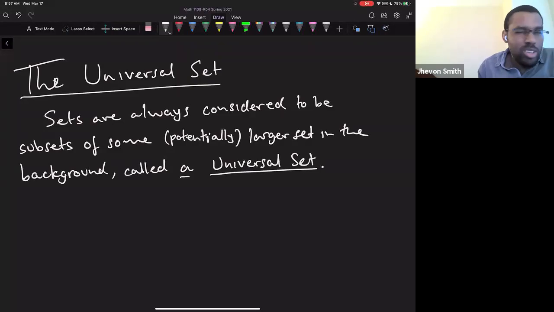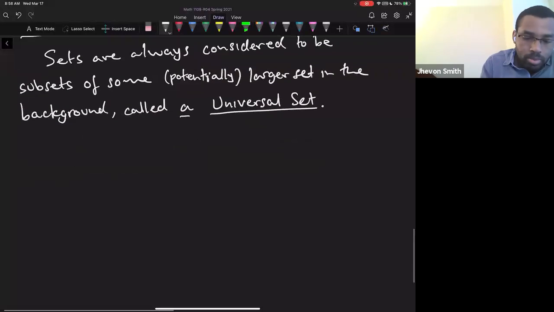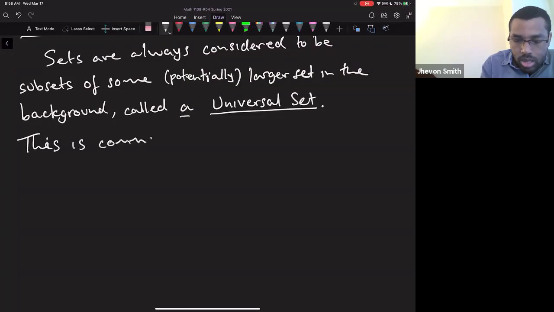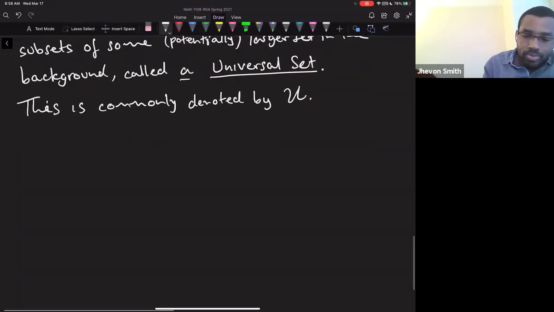And emphasis on the word a. It's not unique like the empty set. This is denoted by a fancy uppercase U.